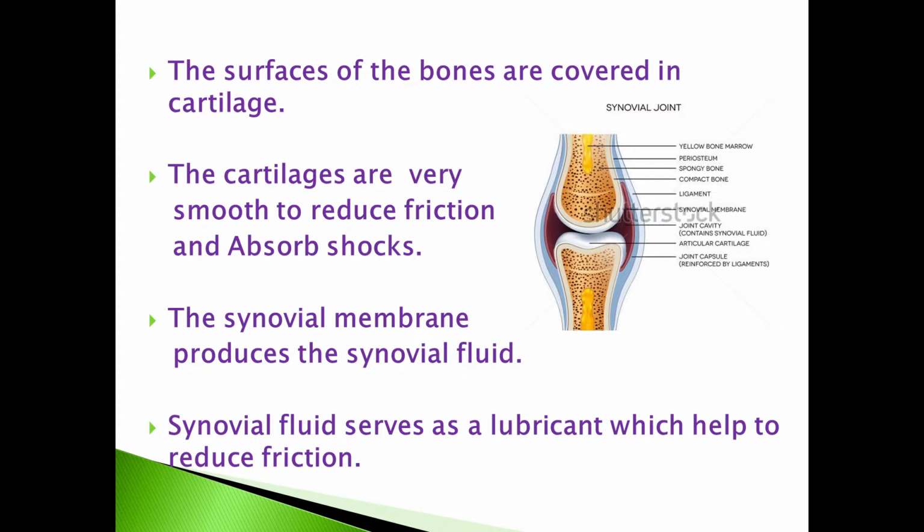The answer: the presence of cartilage and synovial fluid. We need to keep the question in mind: what are the two features of a synovial joint which help to reduce friction?